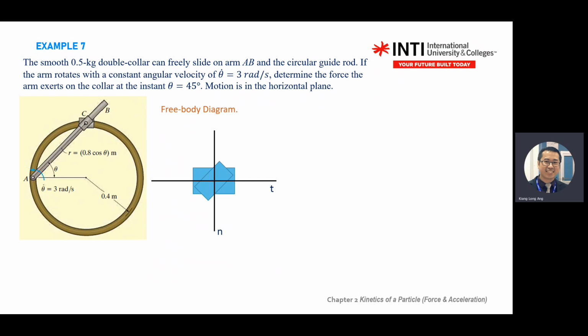Then we add in the equation. Again, if you draw your P on the left hand side, you can also do that, but you'll get a positive or negative answer only. Then you need to flip the direction based on your free body diagram. But in this case, I just use P to the left.